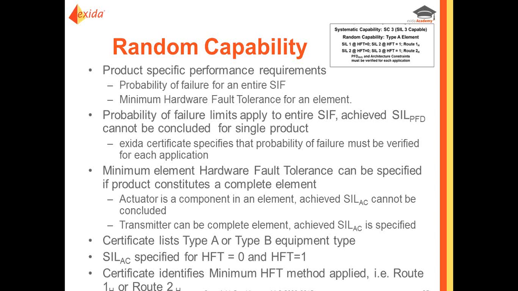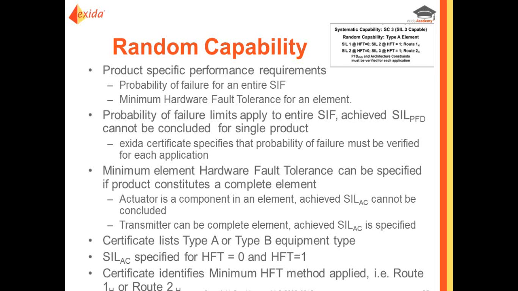Certificates also list if it is a type A or a type B equipment type. A type A is a simple mechanical device, while a type B has self-diagnostics, so it's a more complex device. And there are different requirements per IEC 61508 for type A and type B devices.